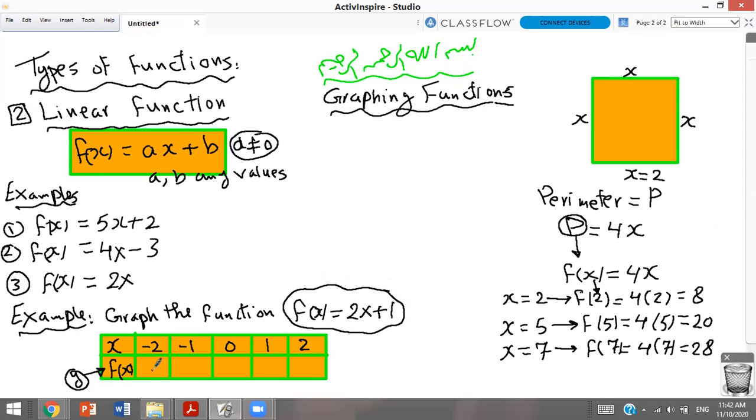What is the value of the function? How can you calculate it? You will substitute here. I'll make f of -2 for you. Raise your voice. -3. No calculator. It's no need. I want to train your mind. You hear me, Mariam?